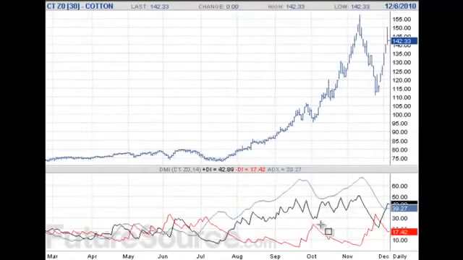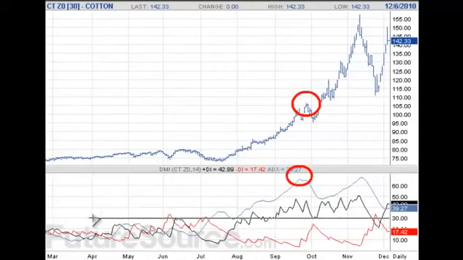Let's look at another one here. Market breaks out. Market tops. Look at it. Every time the ADX gets above this 30 line, the market calls some pretty decent turning points, as we can see.